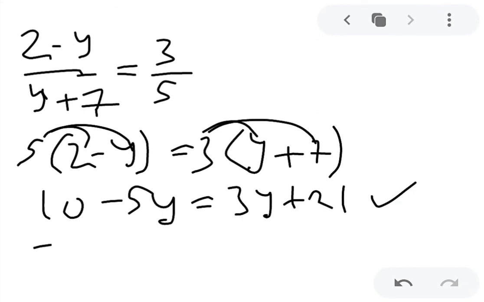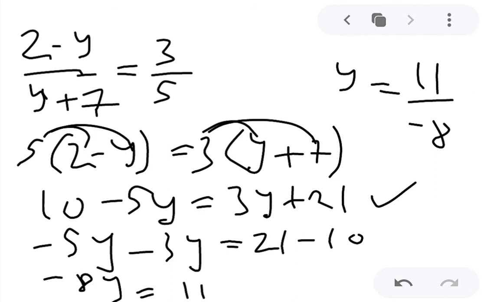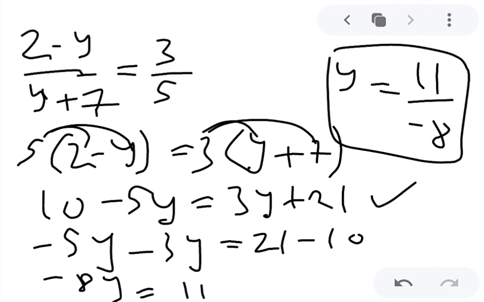So I'm just solving it. Minus 5y minus 3y equal to 21 minus 10. It becomes minus 8y equal to 11, right? Now y becomes 11 upon minus 8. Done. You can substitute and check whether your answer is perfect or not.